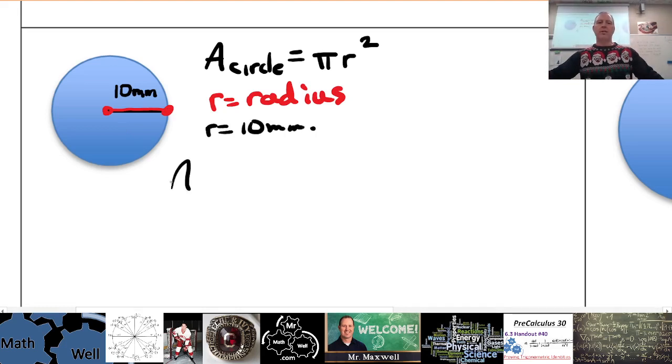So the area of this circle is going to be, now what is pi, by the way? Okay, you remember pi, 3.14. It's actually an irrational number, which means that the decimal goes on forever and never stops and never repeats. It's not a rational number that can be written as a ratio of two integers.